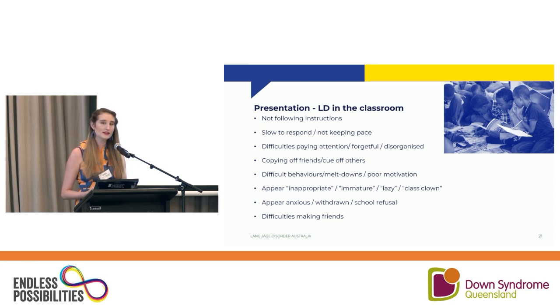So we need to really consider this for our populations, especially as we're trying to promote inclusion, get them onto NDIS and early access and early supports, because a lot of these kids and young people with a language disorder will need different supports throughout their lifespan.